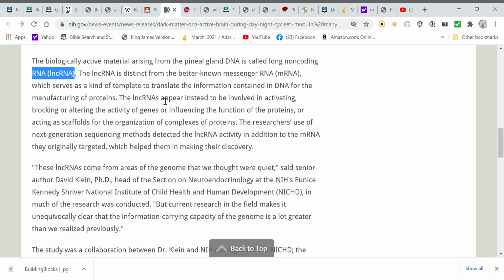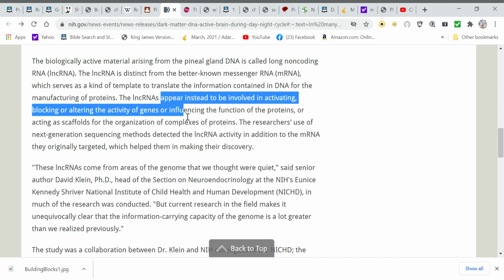Okay, it says that it appears to be involved in activating, building, or altering the activity of the genes, or influencing the function of the proteins, or acting as scaffolds. I think that's how you say that, scaffolds, for the organization of complexes of proteins.